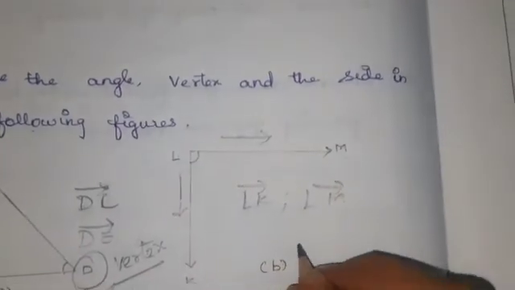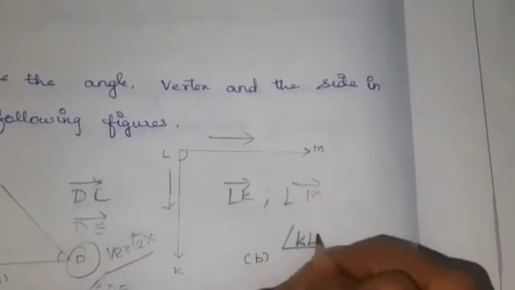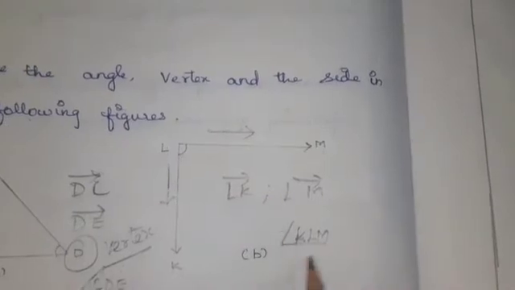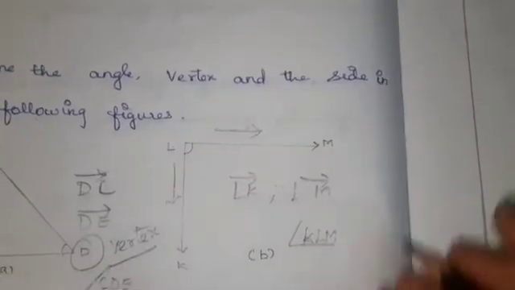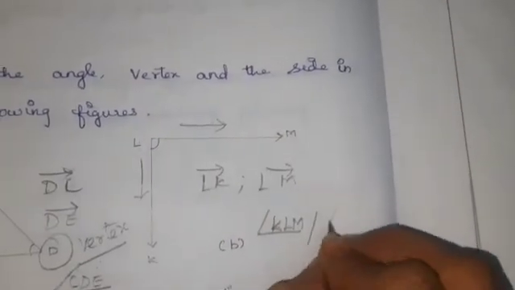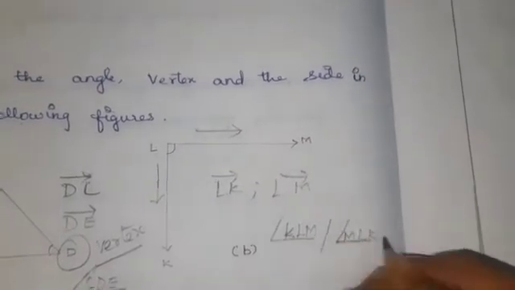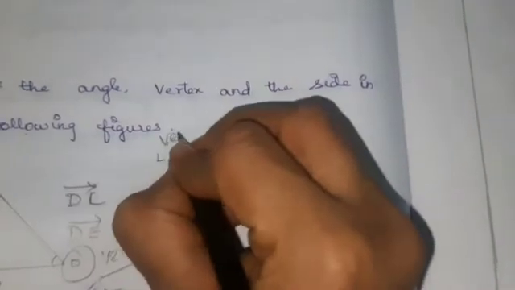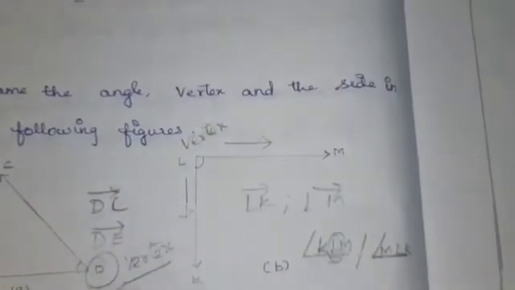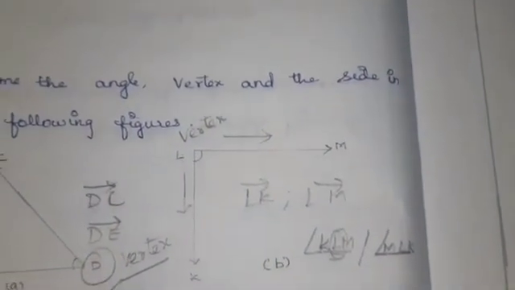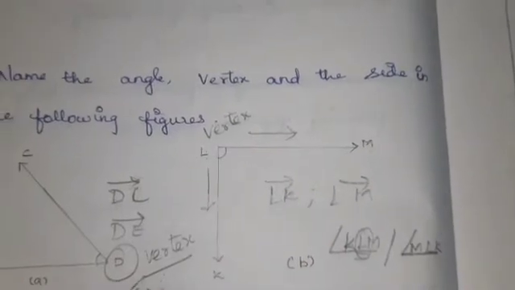So the angle is KLM, or you can also write as angle MLK. The middle letter is called as the vertex of the given angle. The next two you are going to solve it, students.